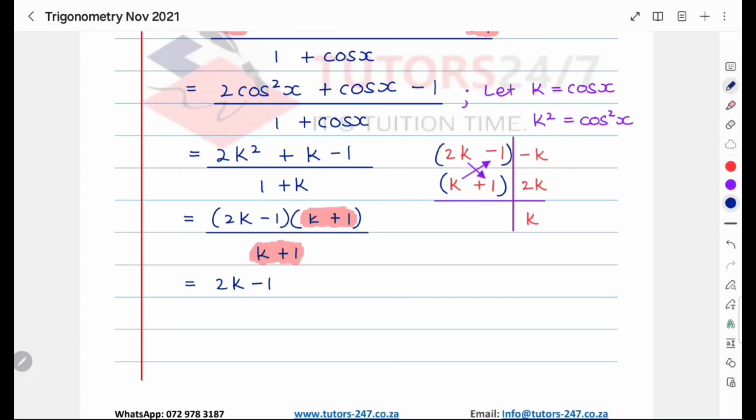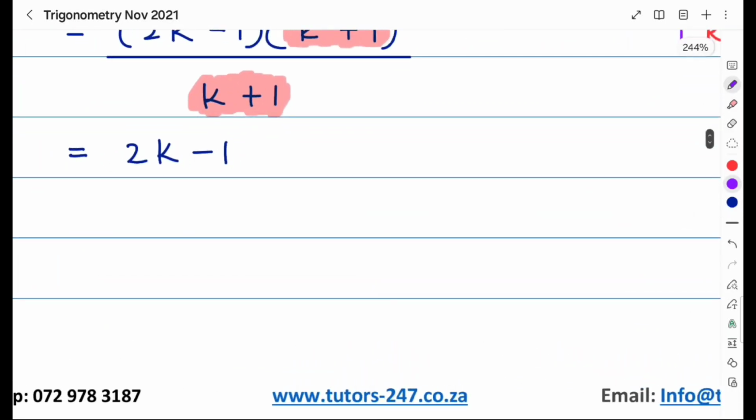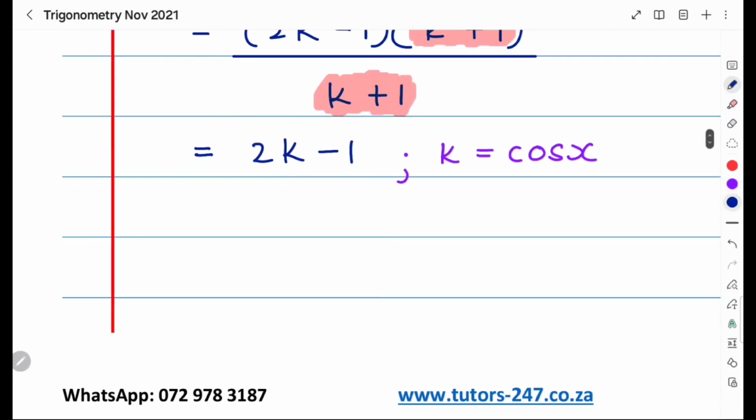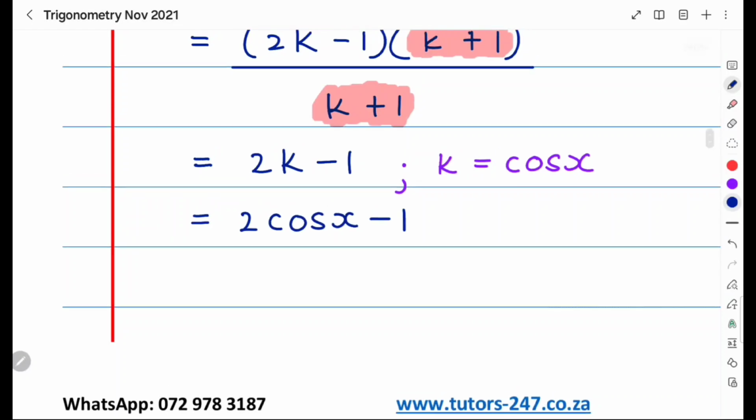So in place of k, we are going to replace it with its original cos x. So here, it's going to be 2 cos x minus 1.